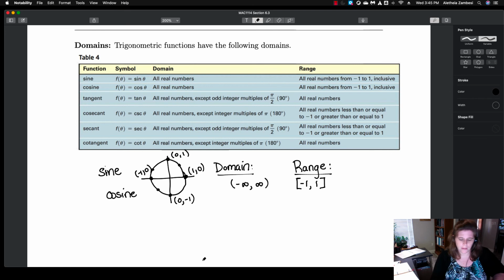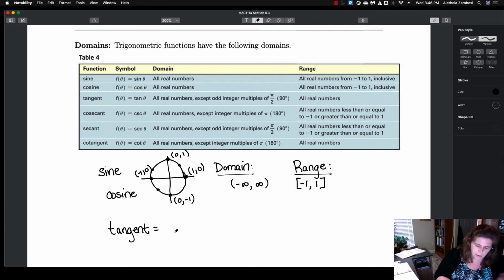Now, if you're talking about the tangent function, remember that the tangent function is the y value over the x value. Most of the time, the tangent is fine. If I'm talking about y over x here, I don't have a problem. Y over x here, I don't have a problem. But there are two places on this unit circle where I do.